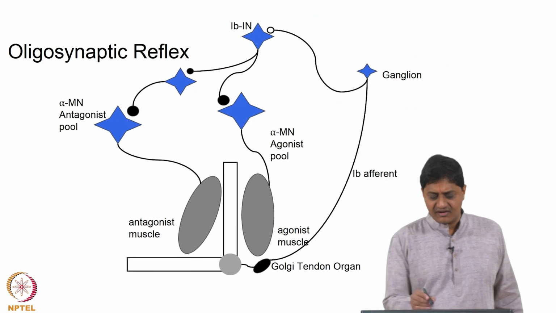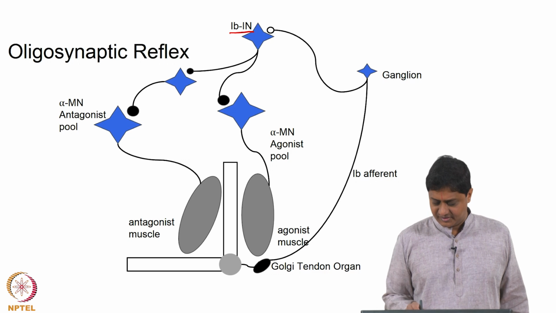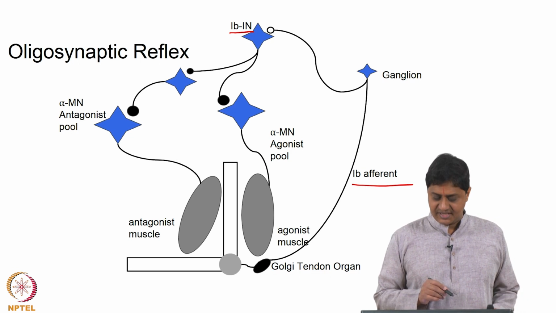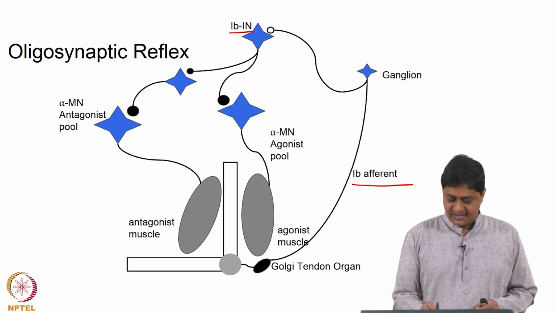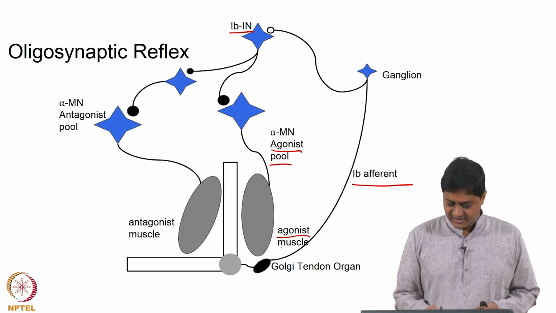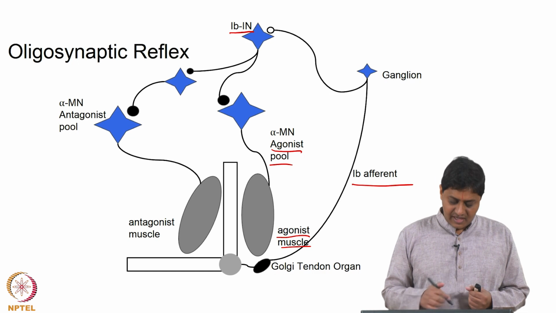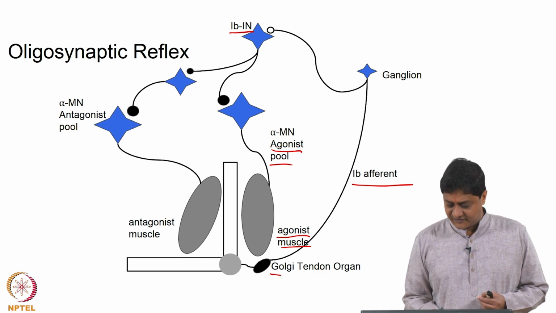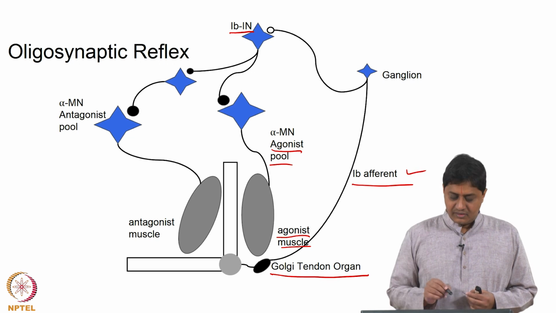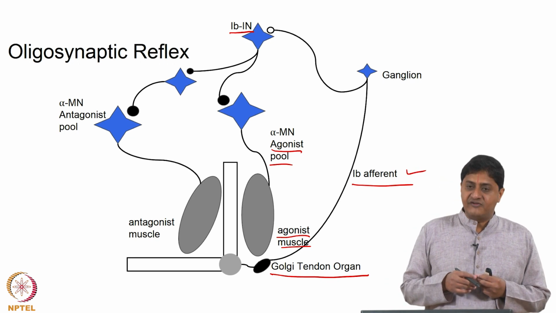The case of the 1B afferent: what happens in this case is the muscle, say the agonist muscle, is contracting. When the agonist muscle is contracting, the Golgi tendon organ starts firing, that is the 1B afferent. Now, what would be an appropriate negative feedback for that?